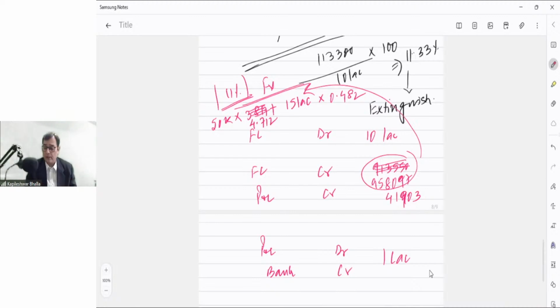So the moral of the story in terms of the extinguishment accounting is that once you meet the 10% test and you say that yes, it's time to remove the financial liability from the books of accounts, you need to give a debit to the financial liability to the extent of the book value.